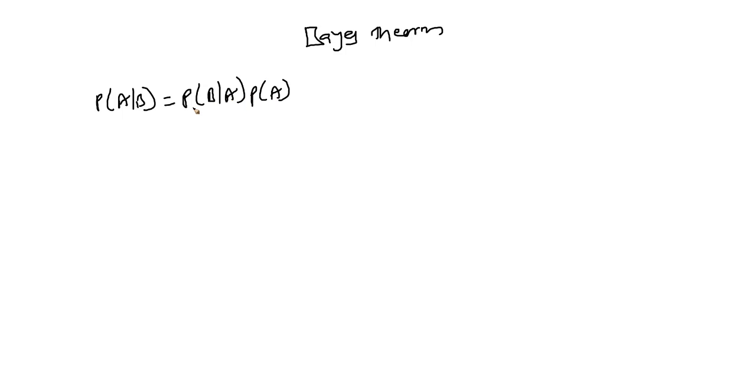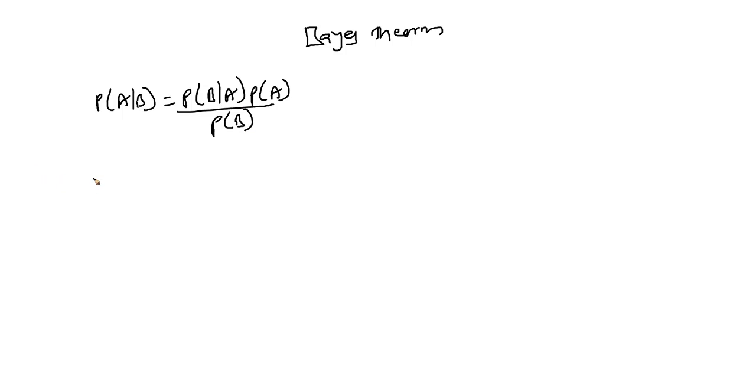As usual, I'm going to just review what Bayes' theorem and the chain rule are. It says the probability of A given B can be expressed as probability of B given A times probability of A divided by probability of B, right?